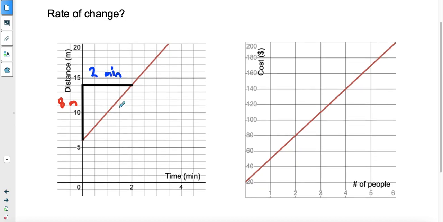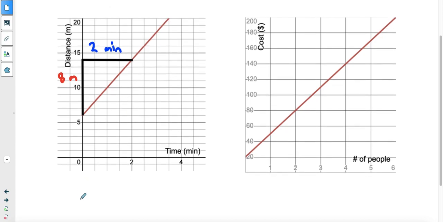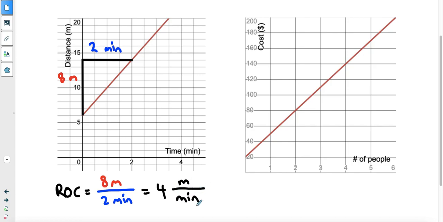To find the rate of change, I'm just going to divide those values, rise over run. So I'm going to take the 8 meters, the rise, and divide it by the run, 2 minutes. 8 divided by 2 is 4. And the units are meters per minute. And there's my answer.